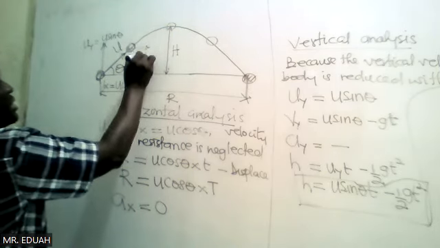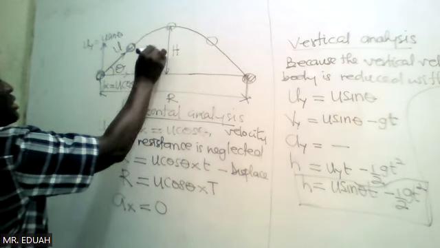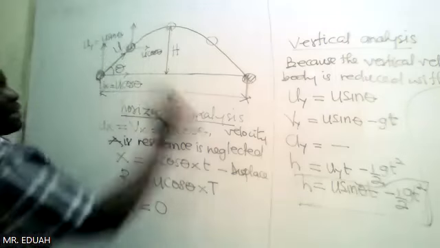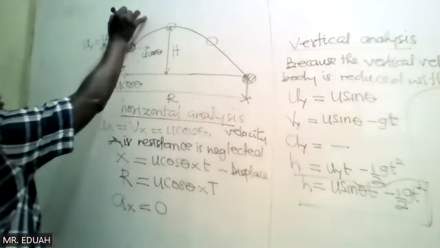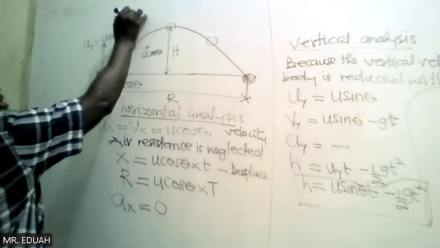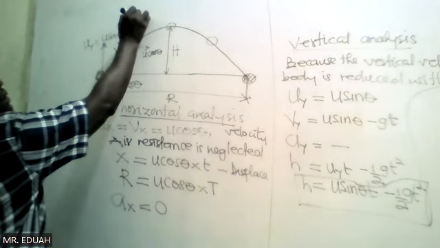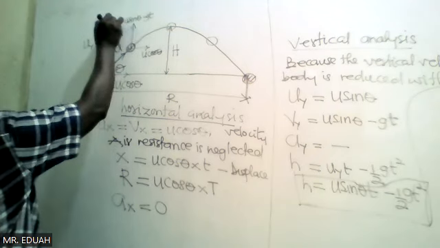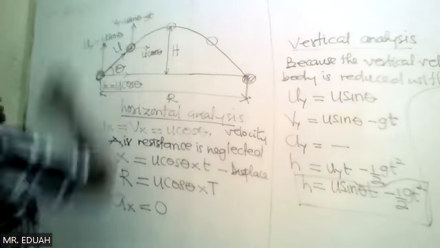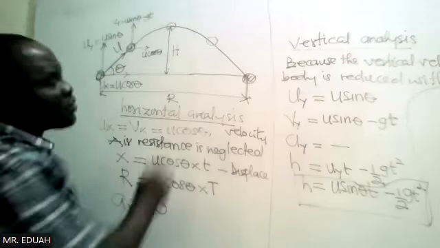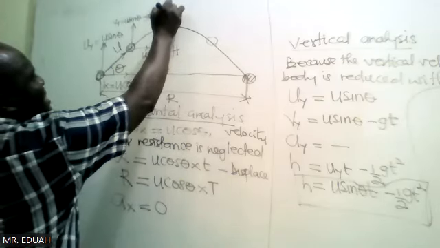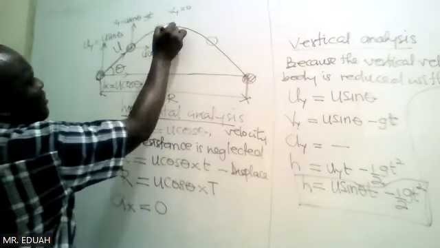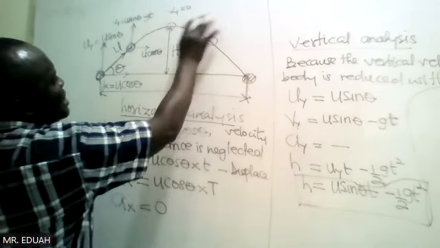It doesn't change: u cos theta. But the vertical velocity changes with time, and that is Vy equal to u sine theta minus gt. When the body gets to the maximum height, the vertical velocity is zero, Vy is equal to 0. But the horizontal velocity at any time is constant.